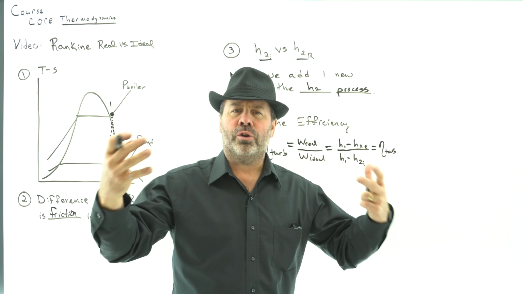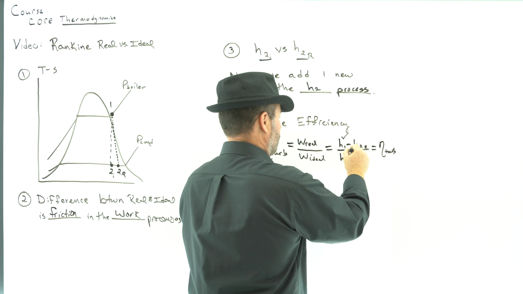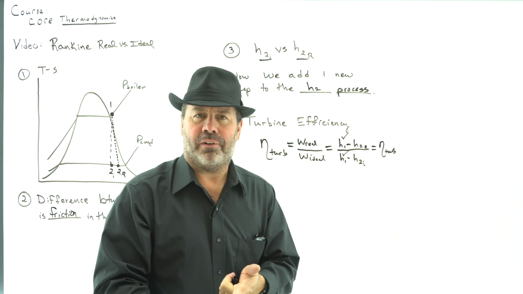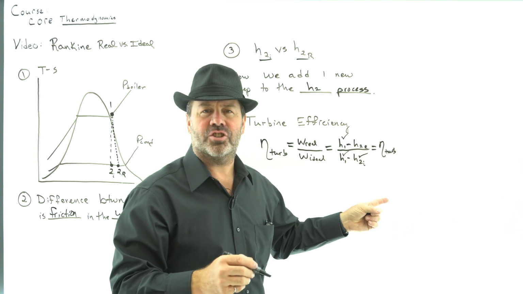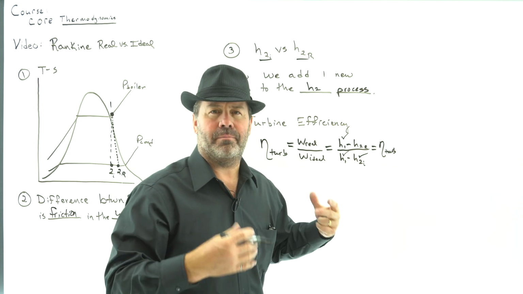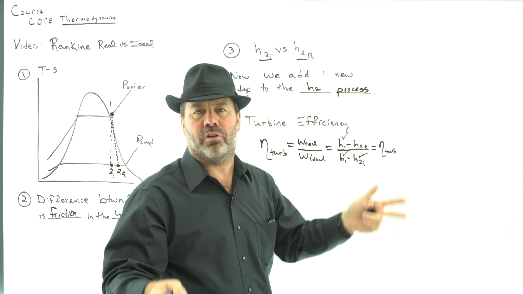Using our old method, we knew how to find H1. We know how to find H2 ideal. And the turbine efficiency will be given. The manufacturer will tell you this turbine has an efficiency curve like this.